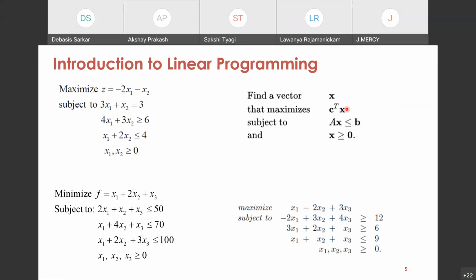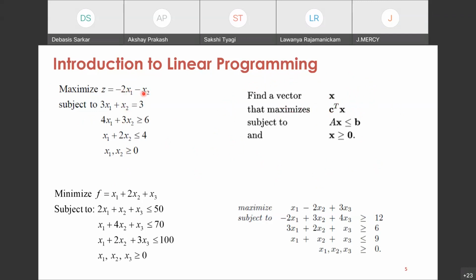Okay. So what I discussed here is this, that in a linear programming problem, your objective function is linear and all the constraints are linear. So you can nicely put all these linear programming problems in the matrix form, where we find the vector x that maximizes the objective function, which can be written as c transpose x. c is the coefficients of this objective function, right?